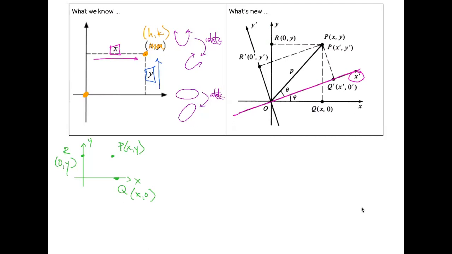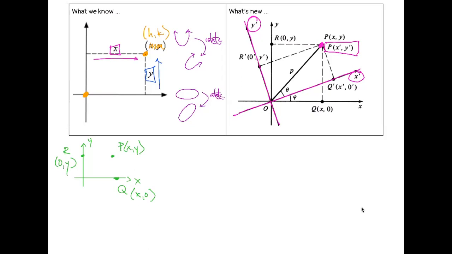And then I have this new y-axis, and I'm going to call that y prime. Now, with this point P, the same point that I was looking at on the green graph, we're going to call this point P, but x prime, y prime.